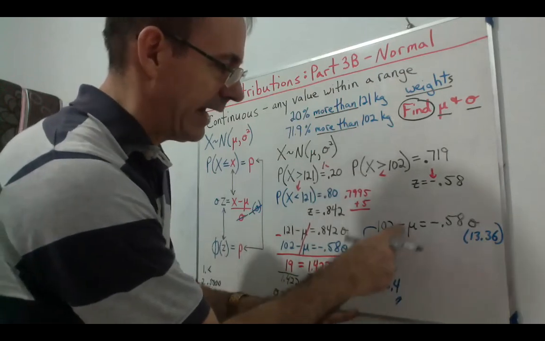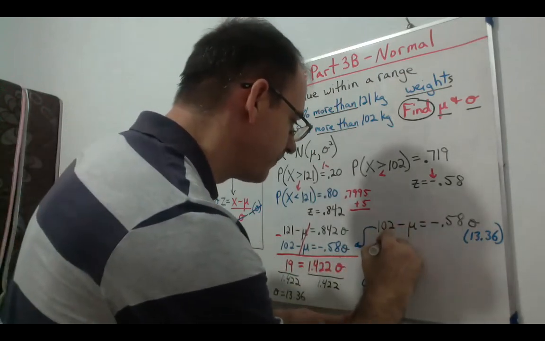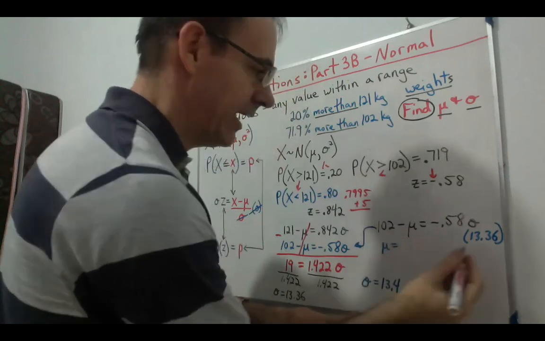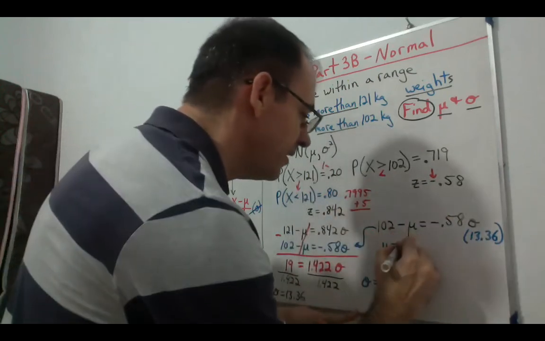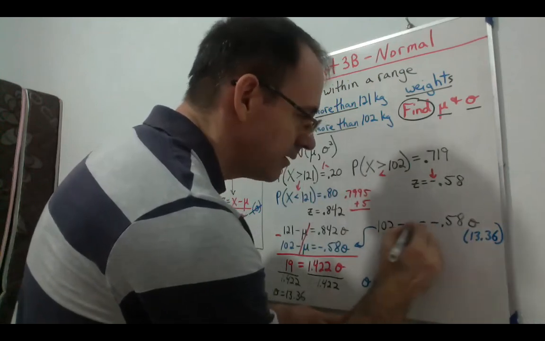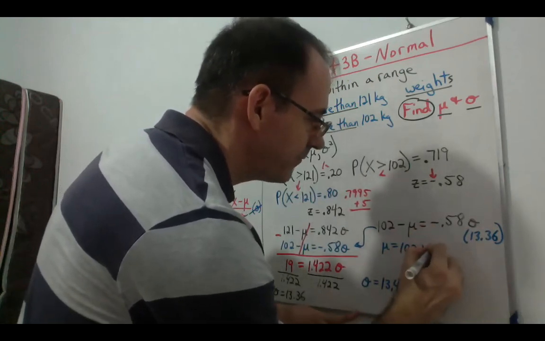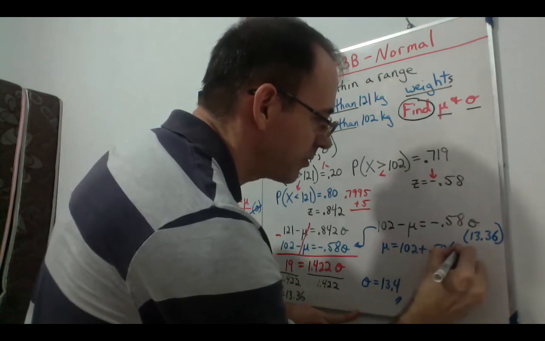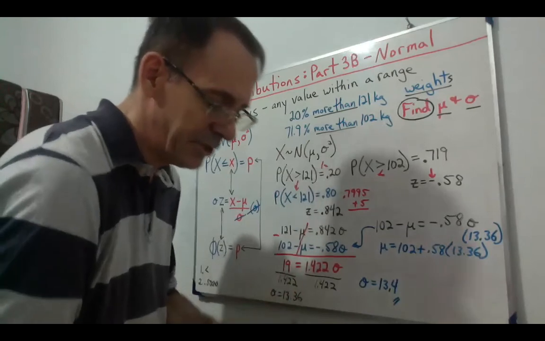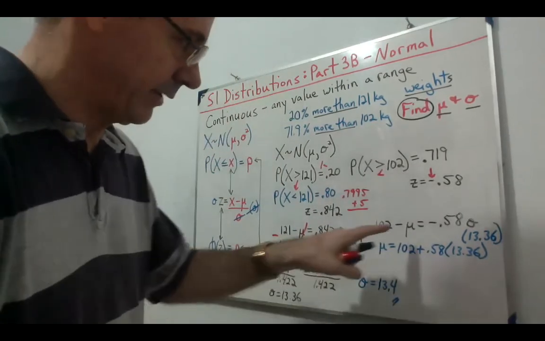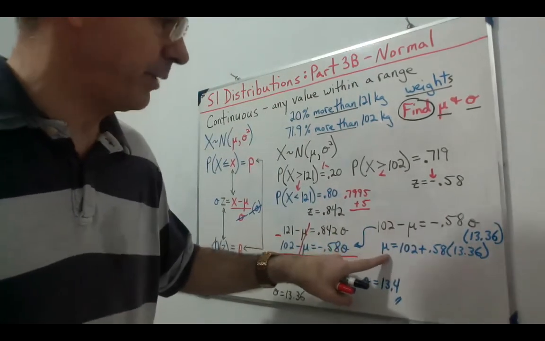So notice if we add mu over here, and then add this one this way, it's 102 plus 0.58 times our 13.36. So this will give us our mu. So we add the mu to the other side to make it positive.